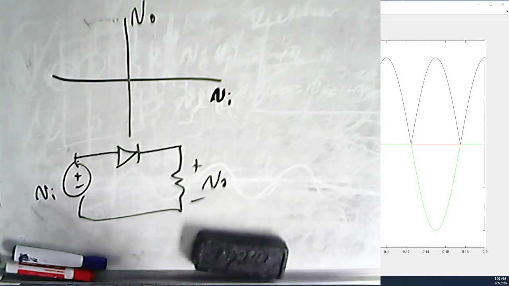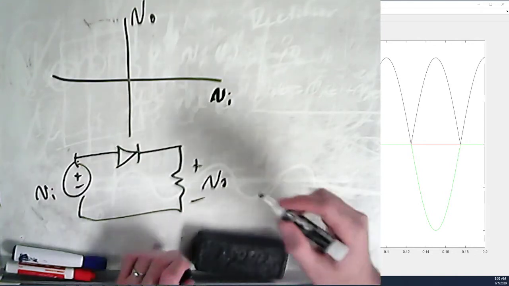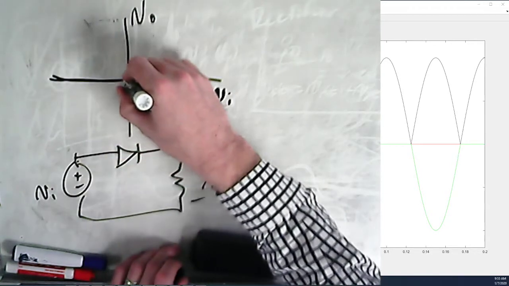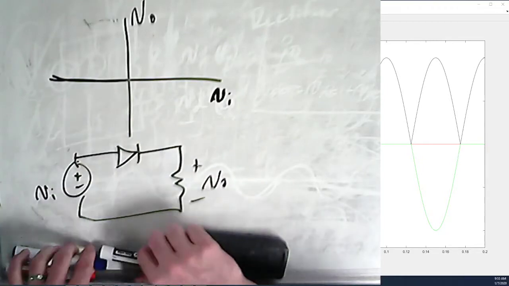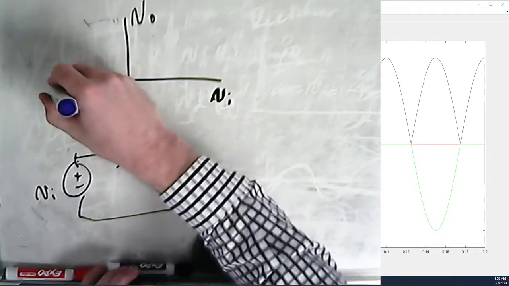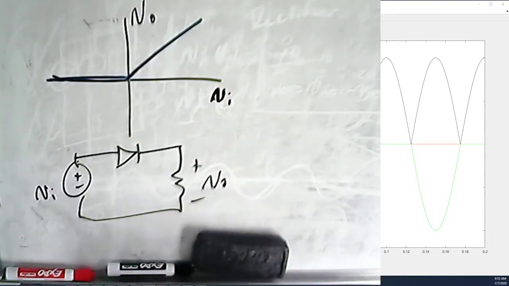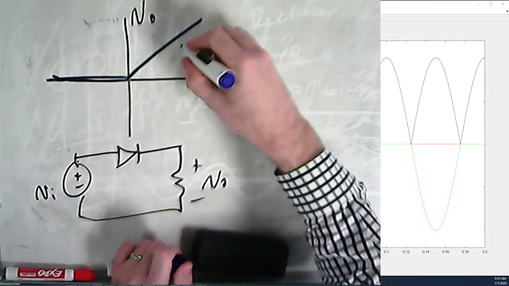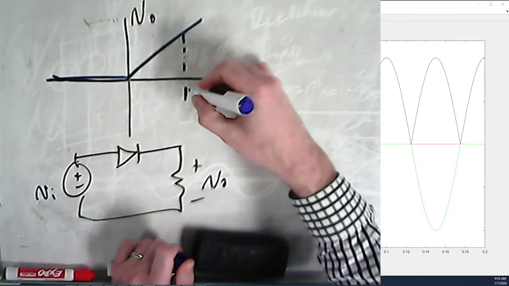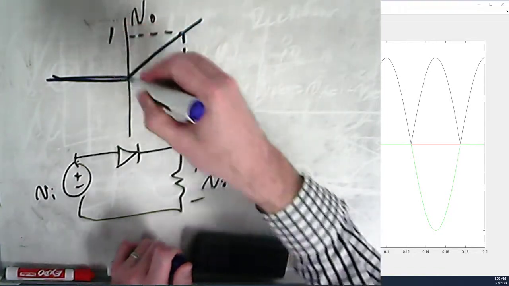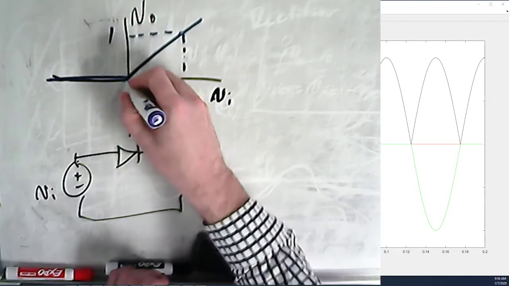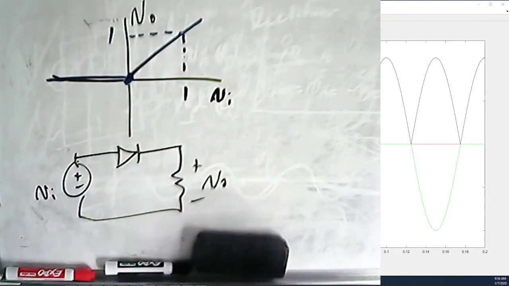The question is, what's the relationship going to look like from V in to V out? Here the voltage is going to be 0, and then this should be 1 to 1. In other words, at 1 volt, we should have 1 volt here. And so there's a discontinuity from V in to V out.